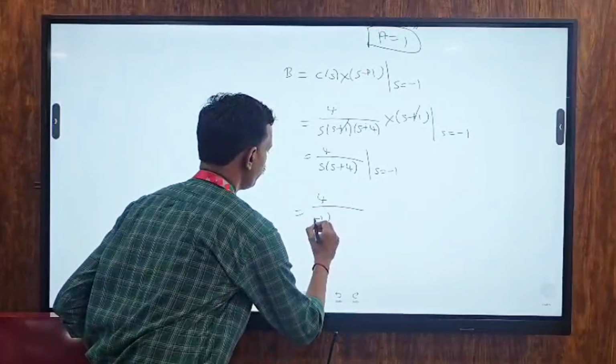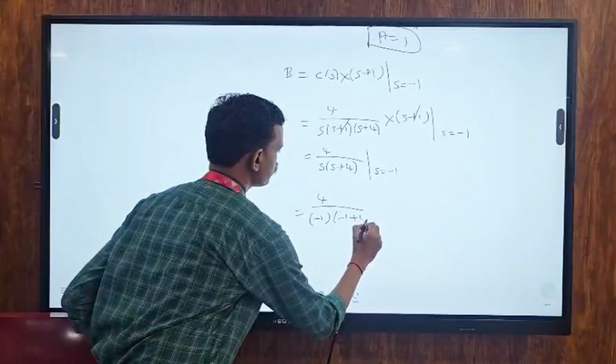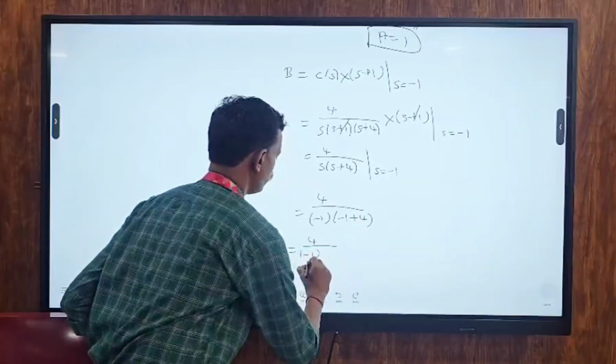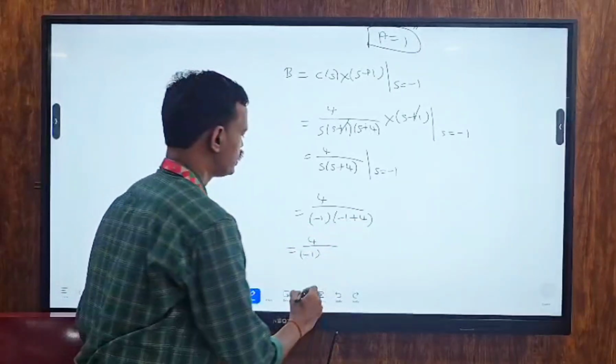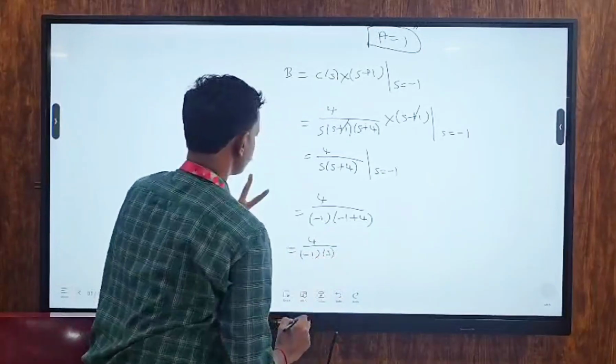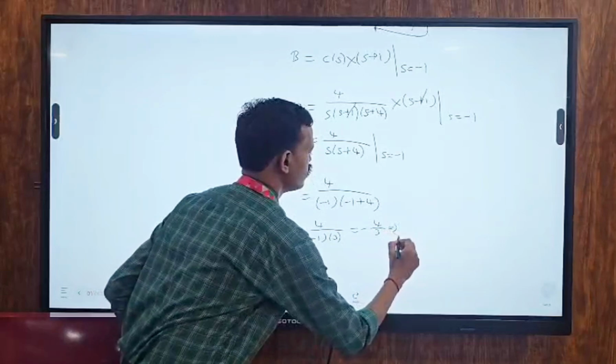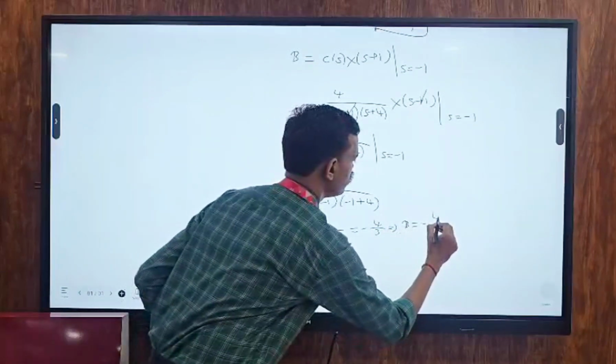So 4 over (-1)(-1+4) equals 4 over (-1)(3), which is -4/3. So the B value is -4/3.